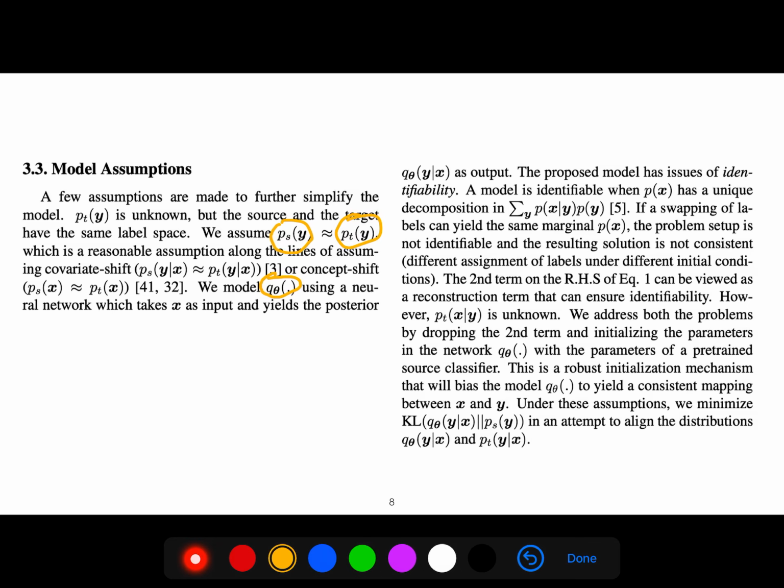The proposed model has issues of identifiability. A model is identifiable when P of X has a unique decomposition. If a swapping of labels can yield the same marginal, the problem setup is not identifiable, and the resulting solution is not consistent.